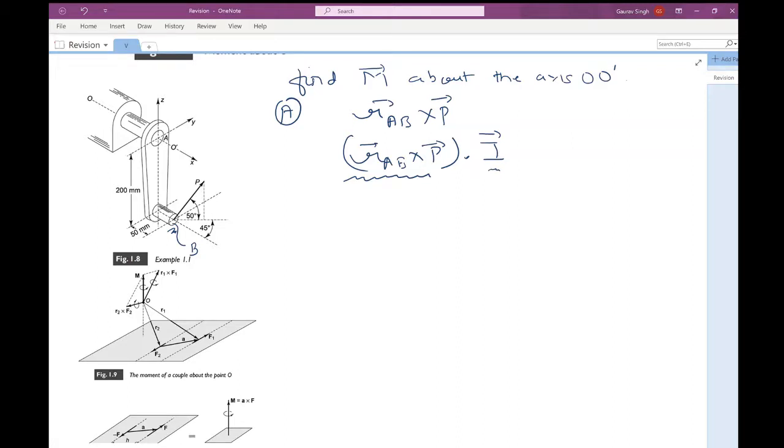So that would give you the moment about the axis OO dash. So this is how you would proceed in this particular situation.